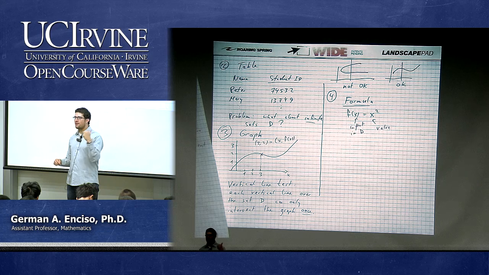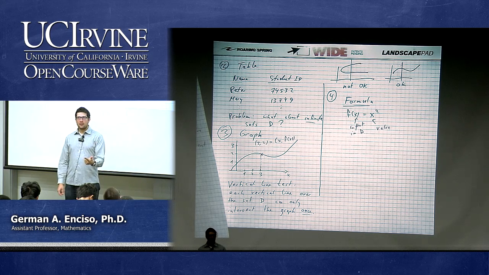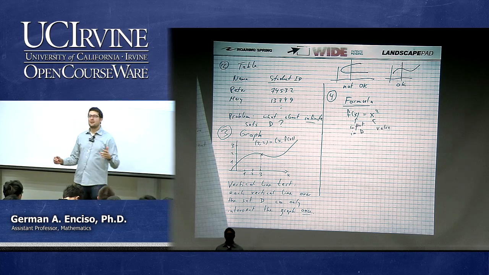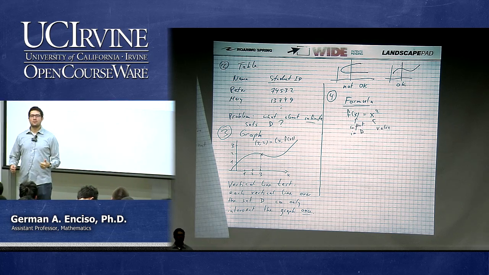It's more efficient than a table. It's more efficient than an arrow diagram. And it's also more efficient than a graph, in the sense that, what if I try to draw a graph for the function x squared? It's a parabola, yes, but could I draw the whole thing? No. I would run out of board, right? At some point I cannot continue to draw because I ran out of board. This formula does not have that problem.